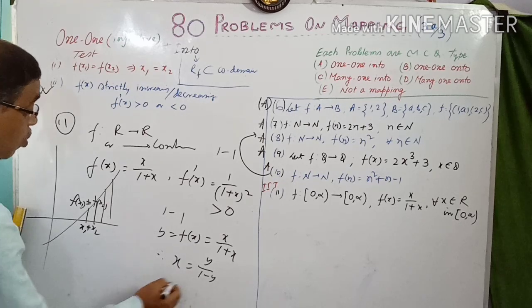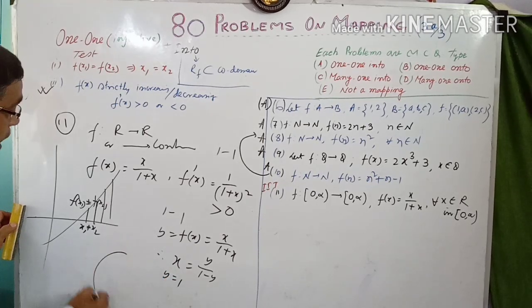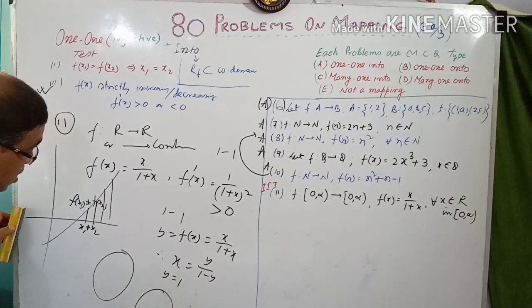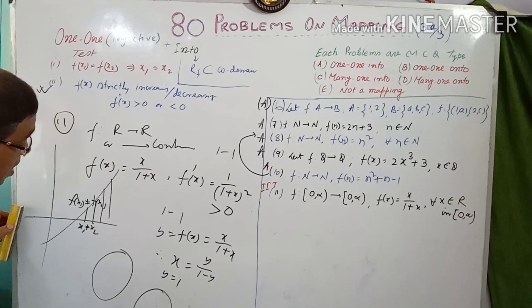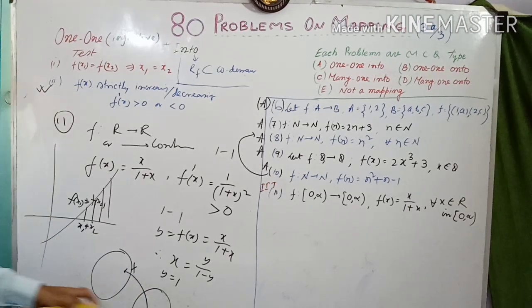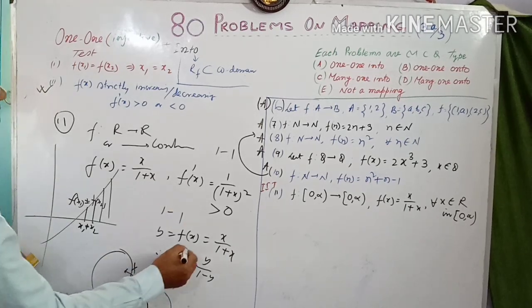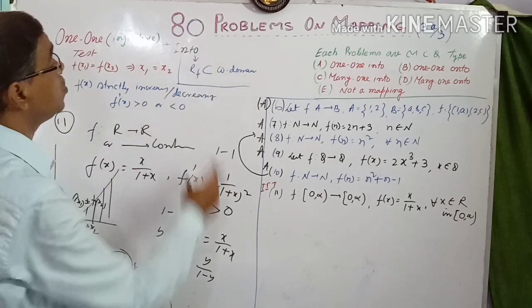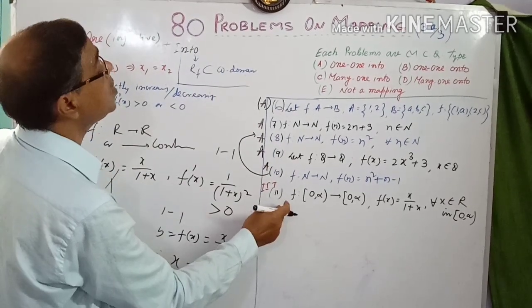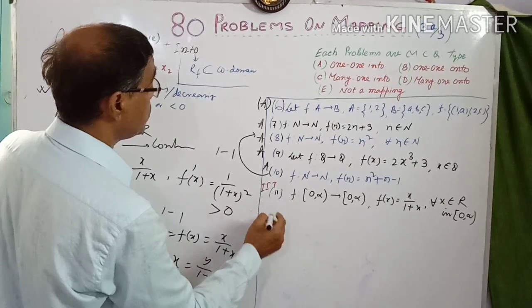Only when y equals 1, in the codomain set, 1 has no pre-images, therefore this is not onto. Therefore it is 1-1 and into.